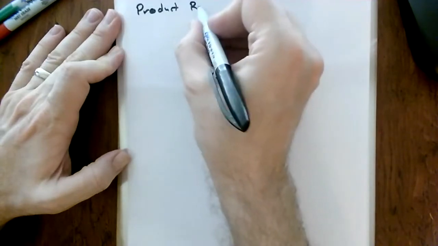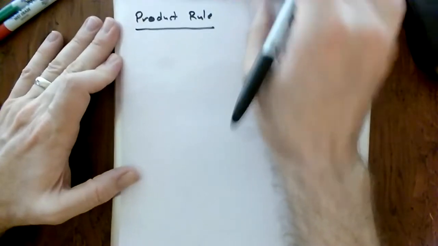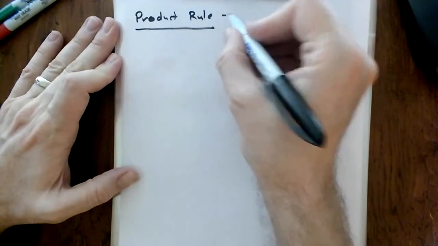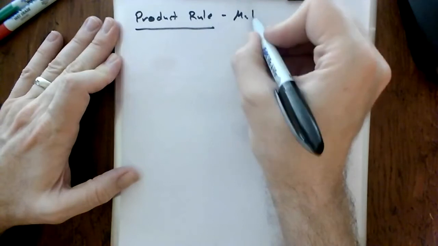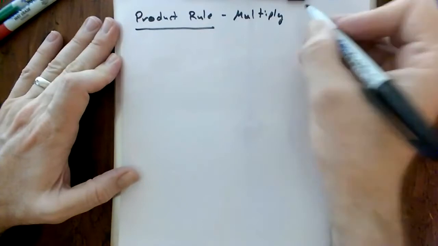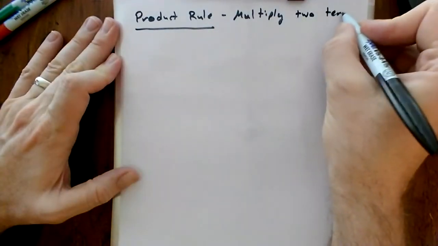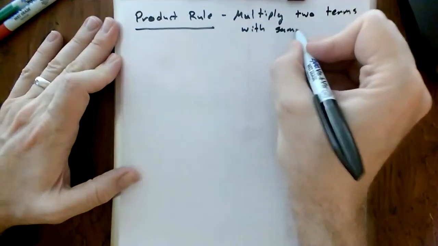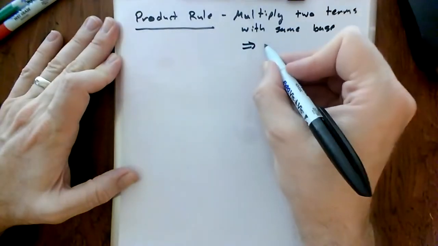The product rule is just what happens when you multiply two terms with the same base. You're going to add your exponents.